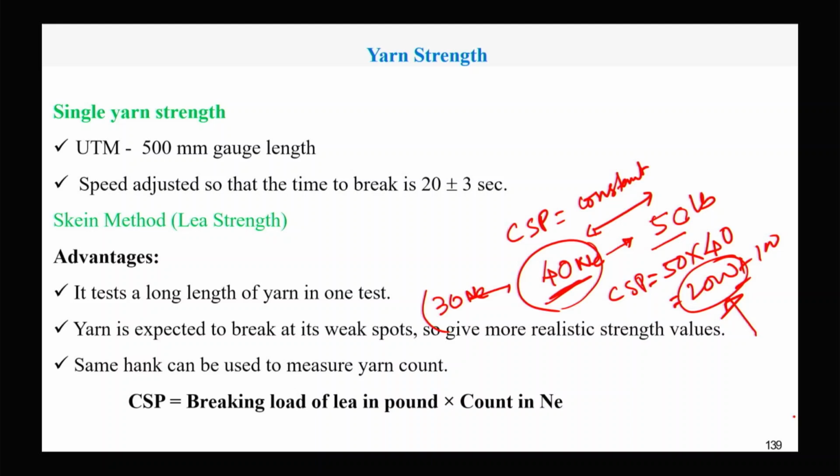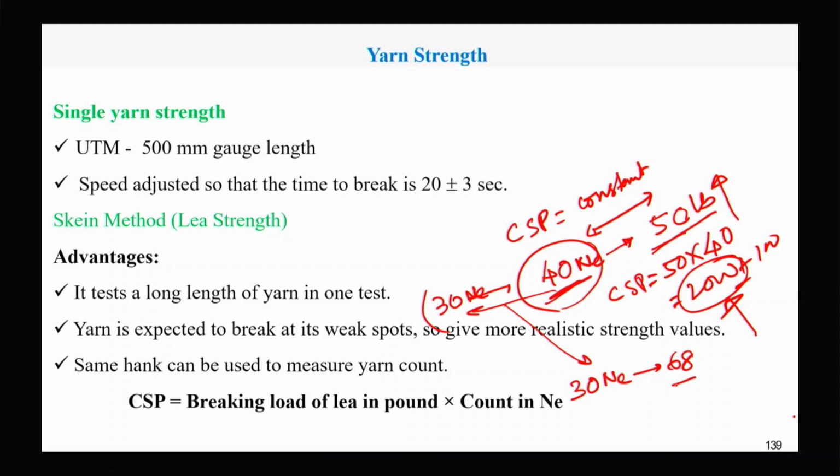And if we produce say 30 count, 30 any from the same cotton, the strength will be increased proportionally. As the yarn becomes coarser, breaking load value will increase proportionally, maybe around say 68 or 70.